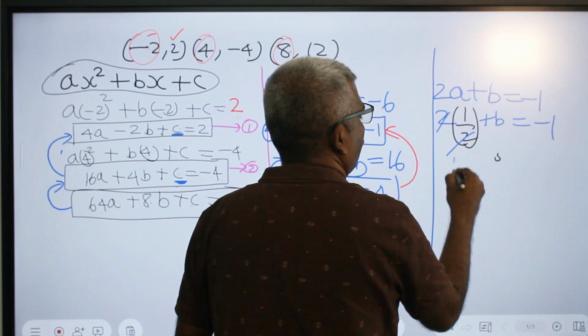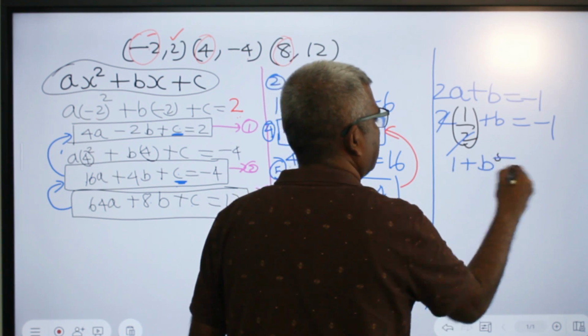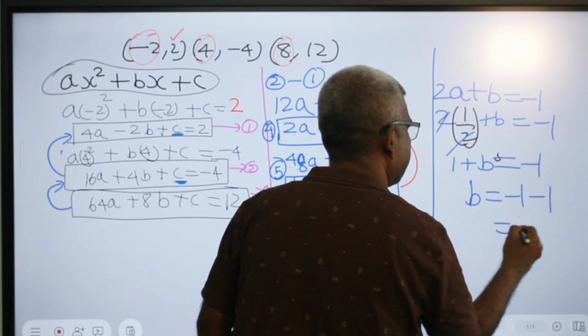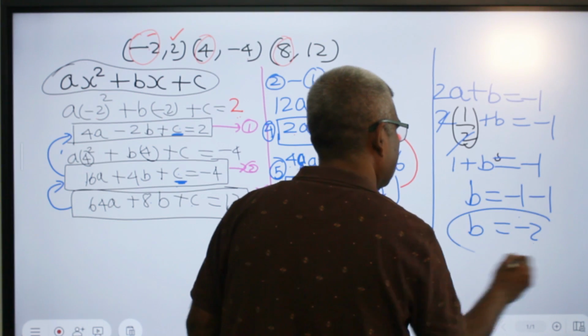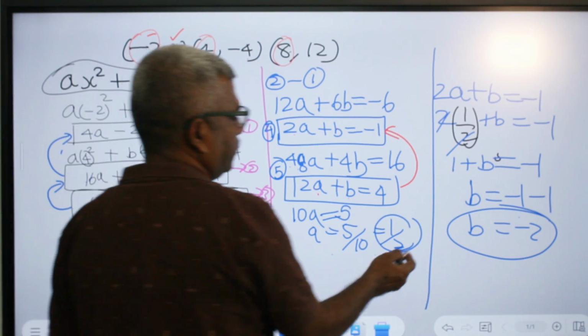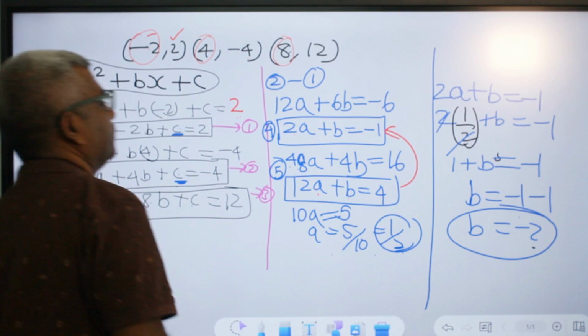Cancel, cancel. 1 plus b is equal to minus 1. b is equal to minus 1 minus 1. b is equal to minus 2. Got it? So a is equal to 1 by 2, b is equal to minus 2.